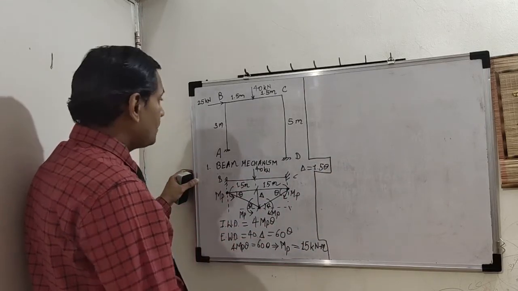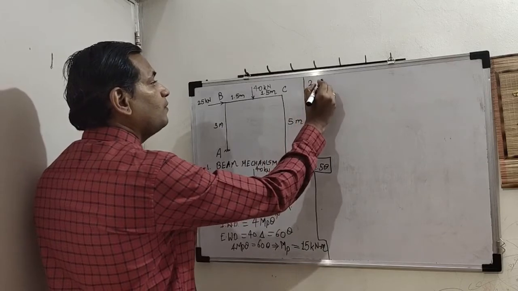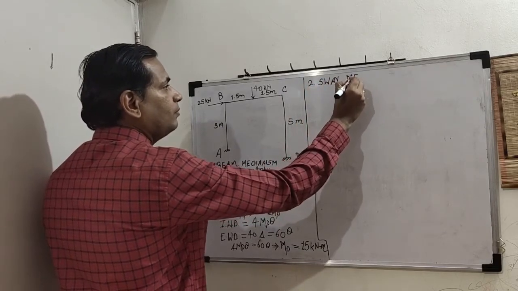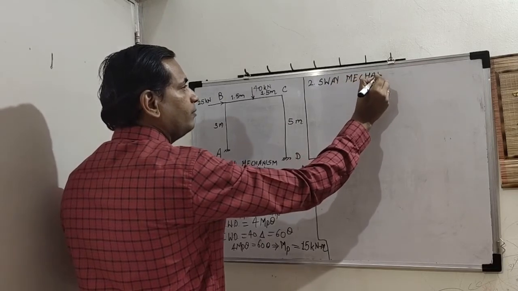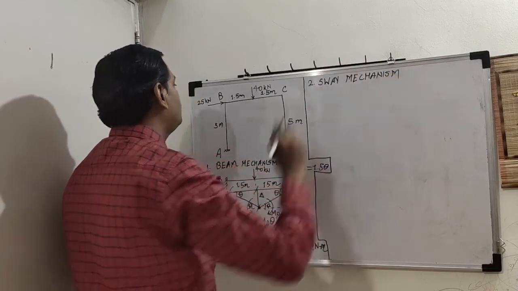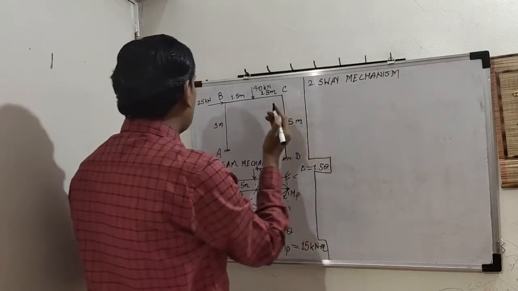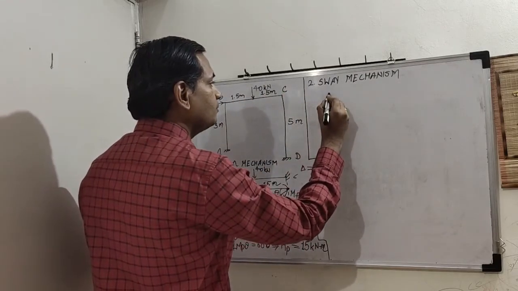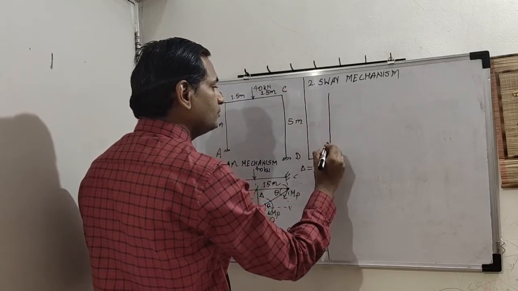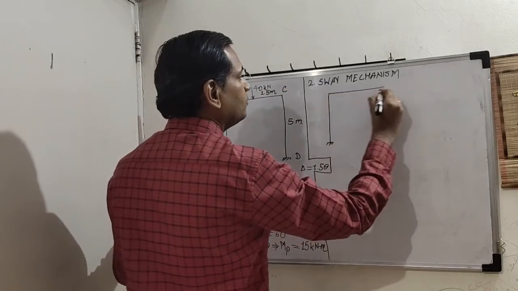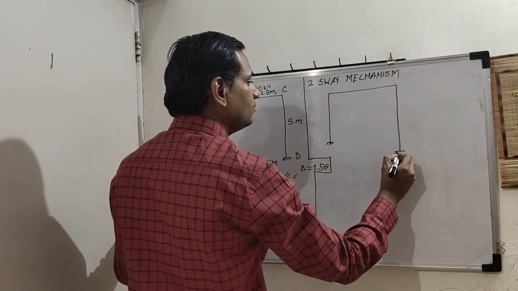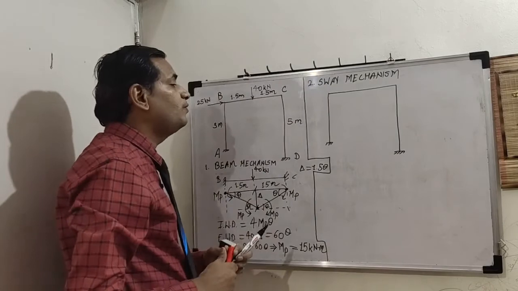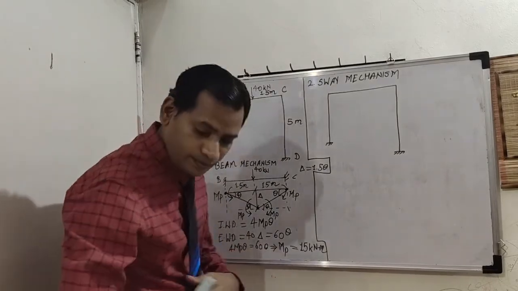Now, second step, sway mechanism. So sway is because of this 25 kilonewton force. Let us show the deformed position of the frame.